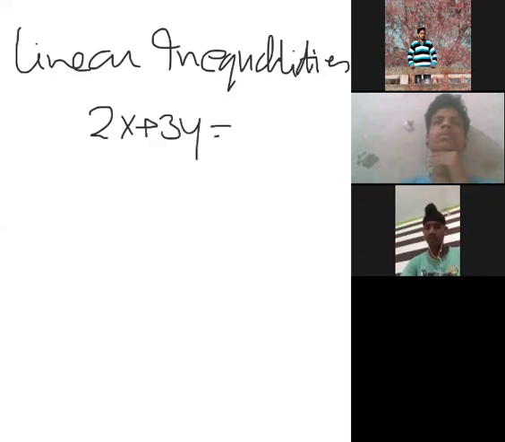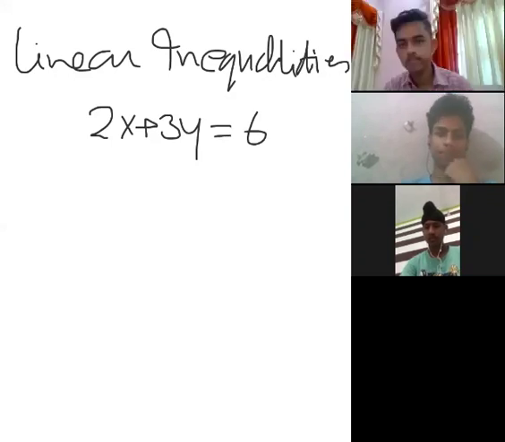So what exactly is a linear inequality? First of all, I'm going to show you a linear equation. Like the equation 2x plus 3y is equal to 6. This is known as a linear equation.